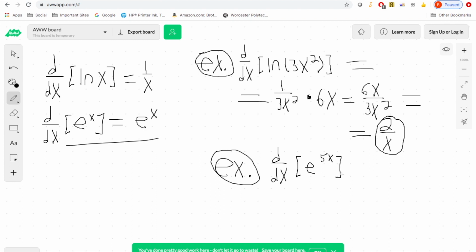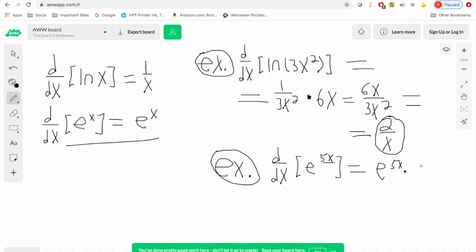So, first step, derivative of e to the x is just e to the x, which means that the e to the 5x stays itself, times, this is obviously a composition, so chain rule is involved, so times the derivative of what's inside.